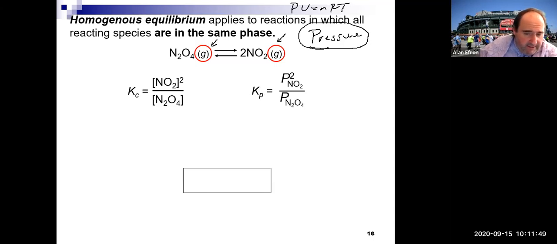It is the products over the reactants, except that here we are using partial pressures. So this is the partial pressure squared of NO2, which is our product. Again, the 2 here still comes from the coefficient. Divided by the partial pressure of N2O4, which is our reactant. And again, the coefficient here is 1, so that's why there's nothing up here.